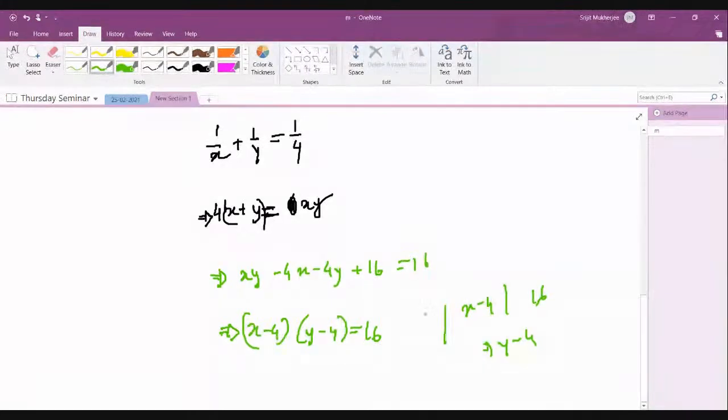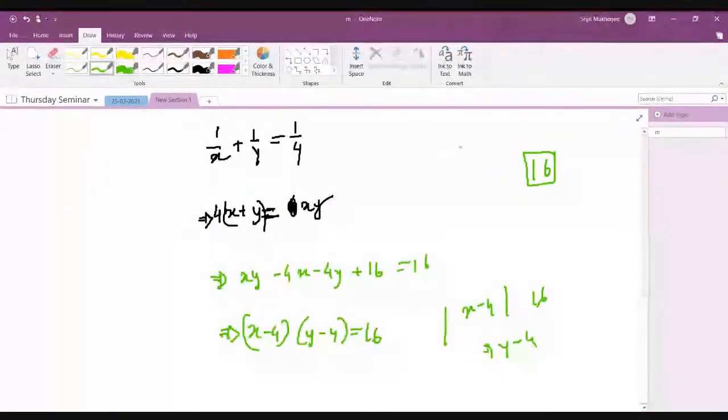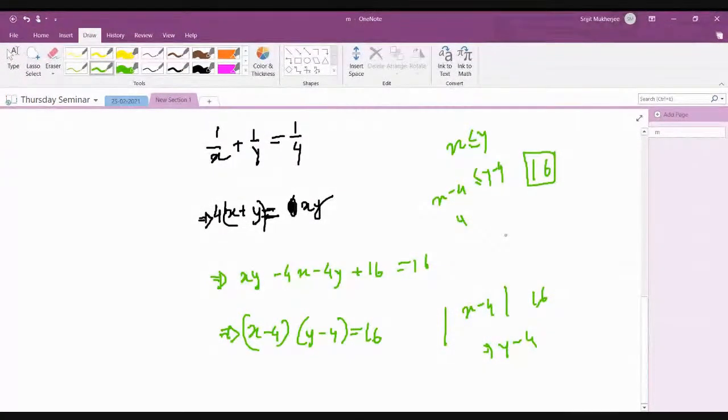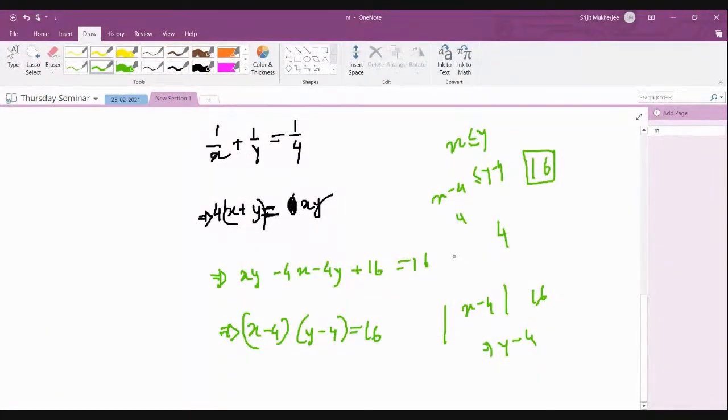Essentially, the idea is that you find all the divisors of 16, and since x is less than or equal to y, x minus 4 is less than or equal to y minus 4, so you take all the divisors up to 4. That is 1, 2 and 4.